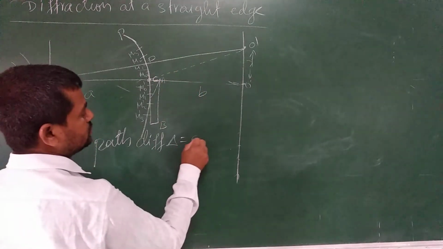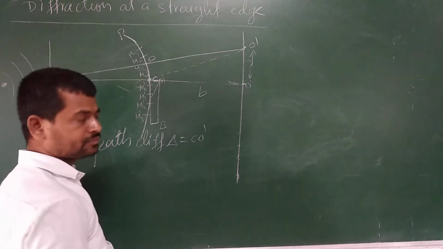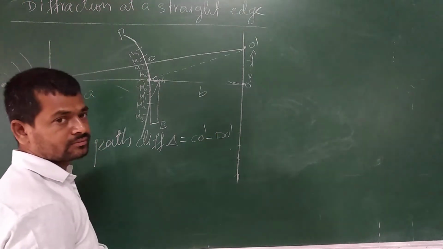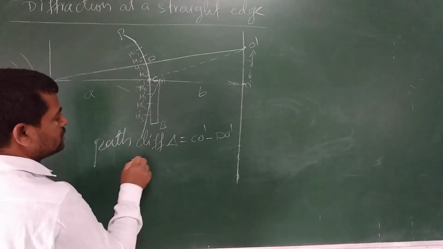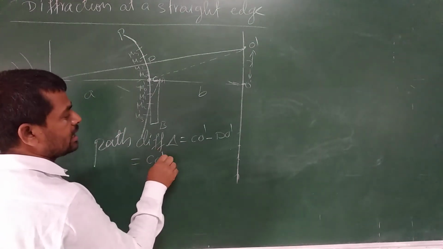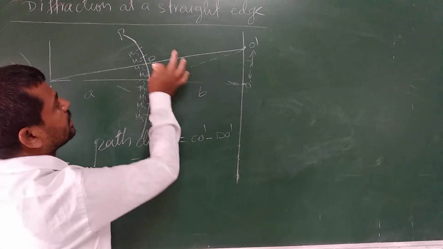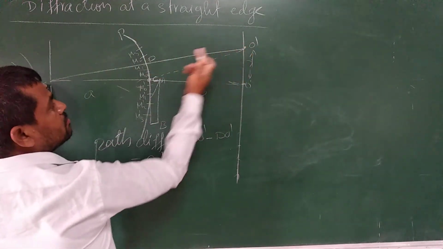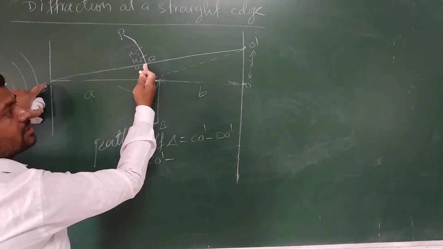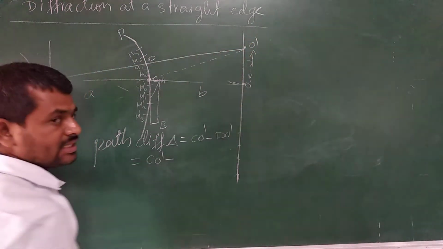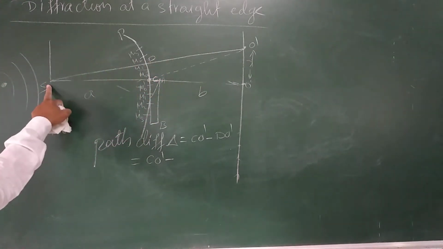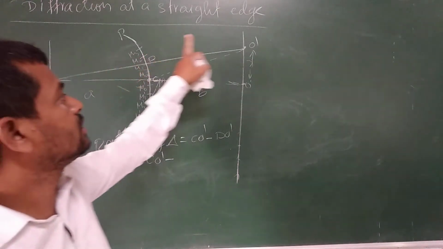So that is C O dash minus D O dash. Now C O dash again minus D O dash can be written as S O dash minus S D. So from the total distance, if you subtract this value, then you get this one.